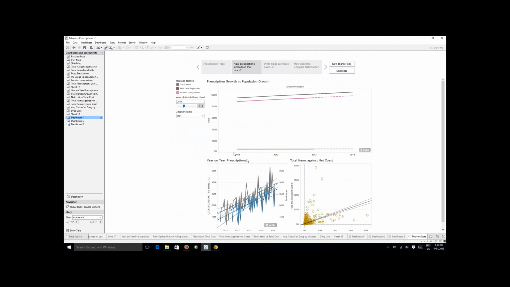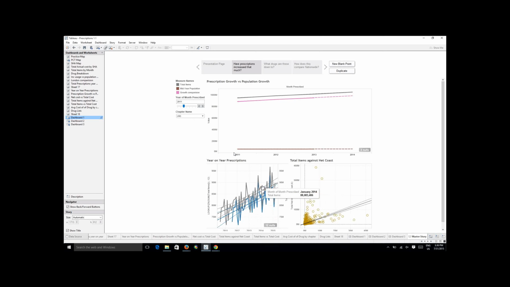So then at the bottom here, I've got my year-on-year prescriptions, the grey again representing total number of prescriptions. My blue line here is relative to the previous year, so I'm measuring my prescriptions year-on-year, as it were. And we can see this gradual increase over time.